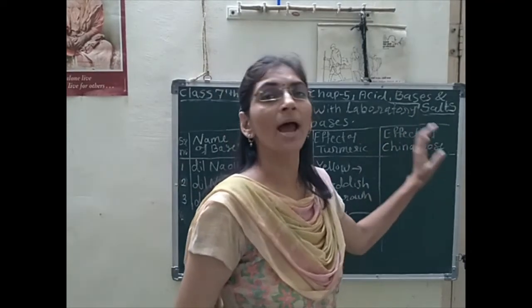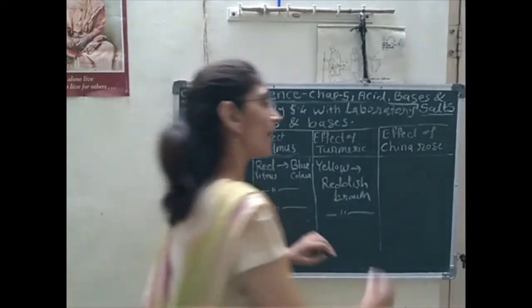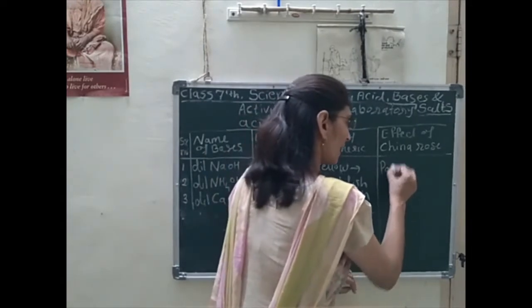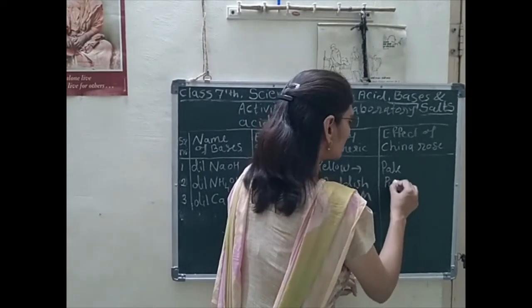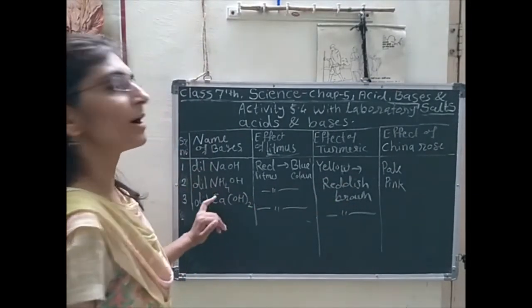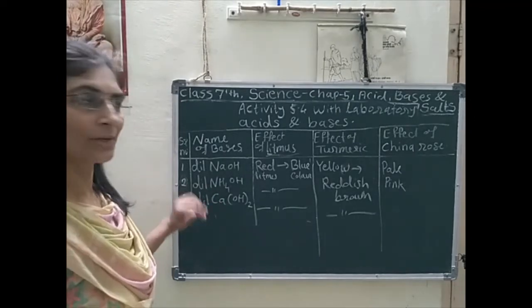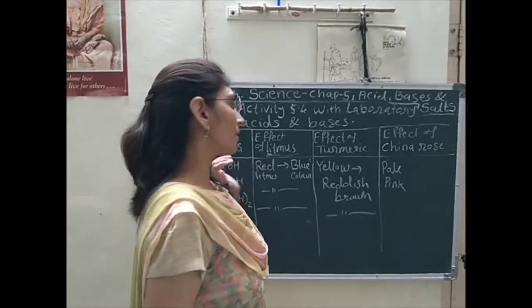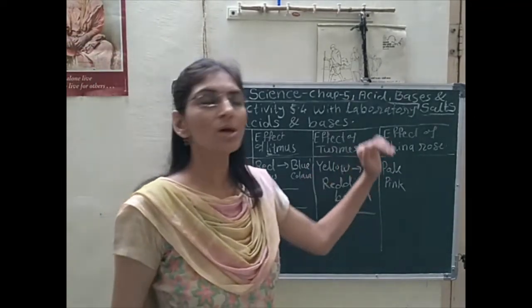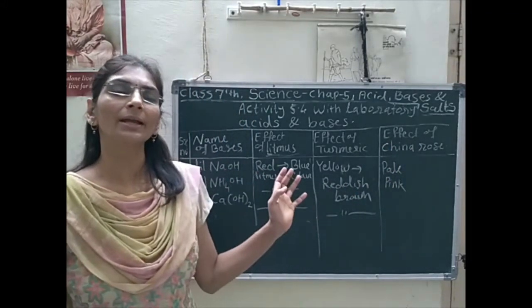Next is the China rose indicator. It is initially pale pink in color. One by one we will react all those basic samples in diluted form with the China rose indicator. So what result will we get here?